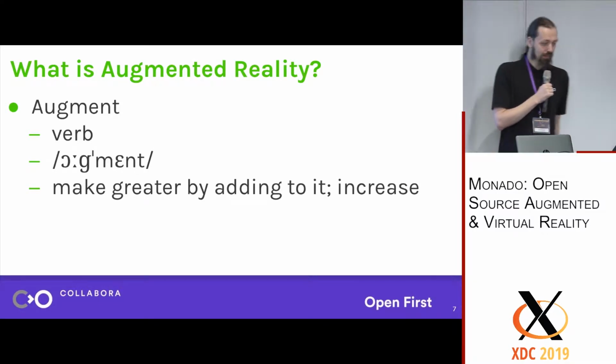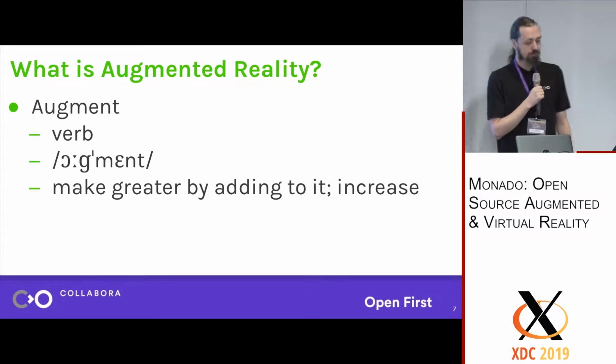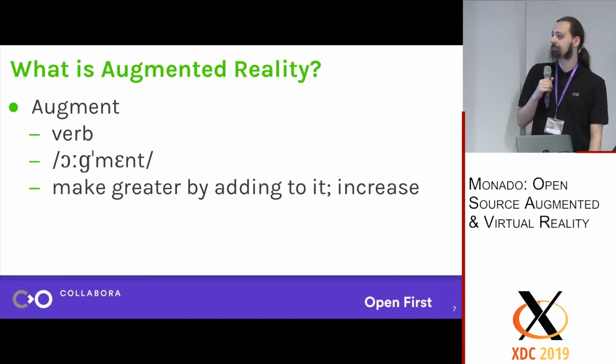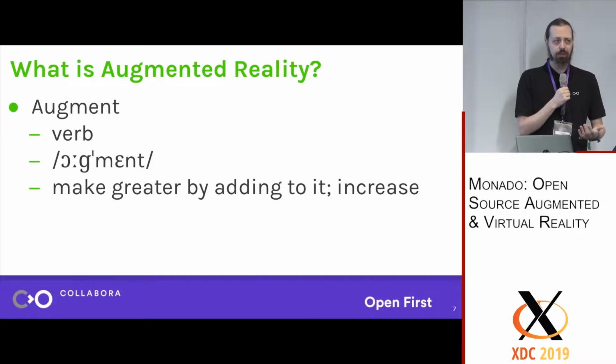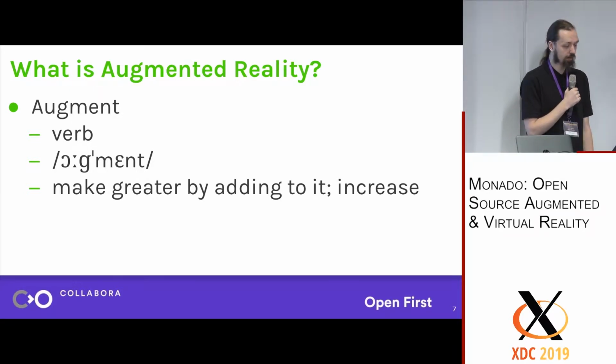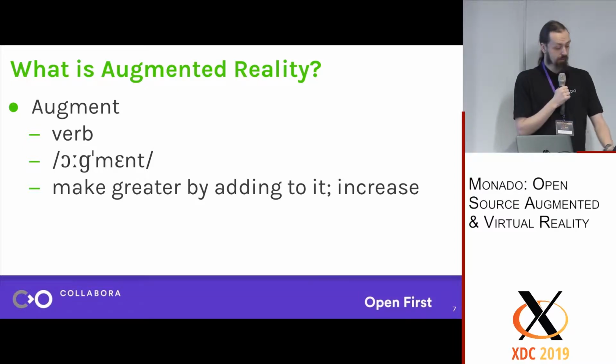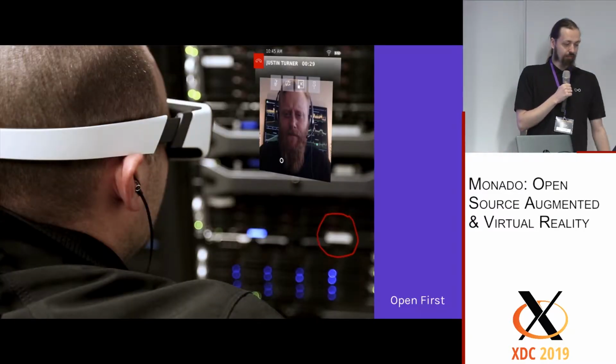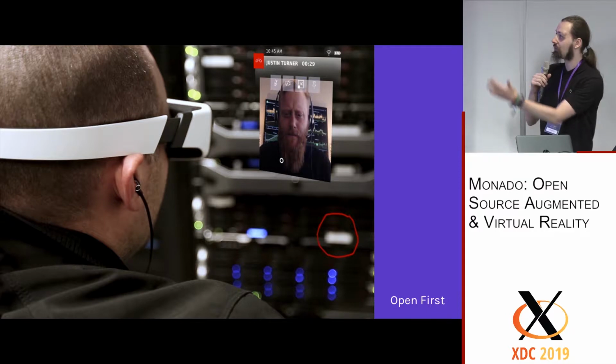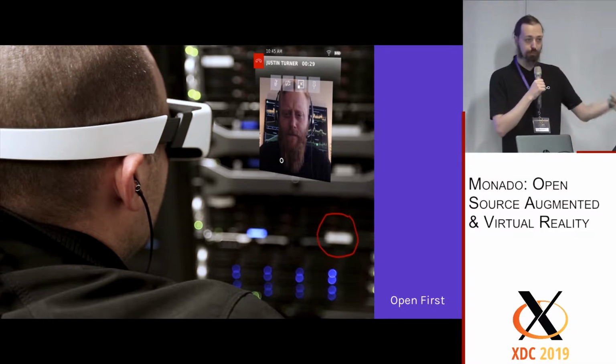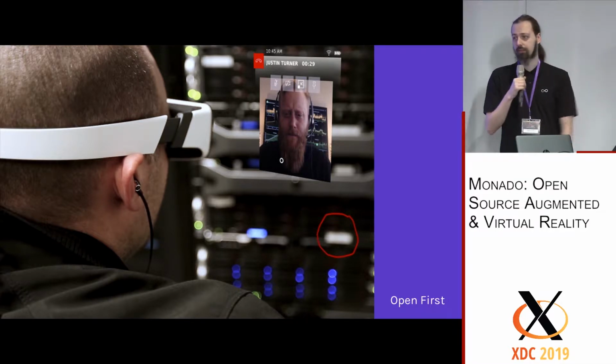Augmented reality is something that's been thrown around quite a bit these days. It's quite a hype to a certain degree, where everyone is trying to get on the bandwagon. Of course, this is what we try to achieve, to augment the real world with digital interfaces.